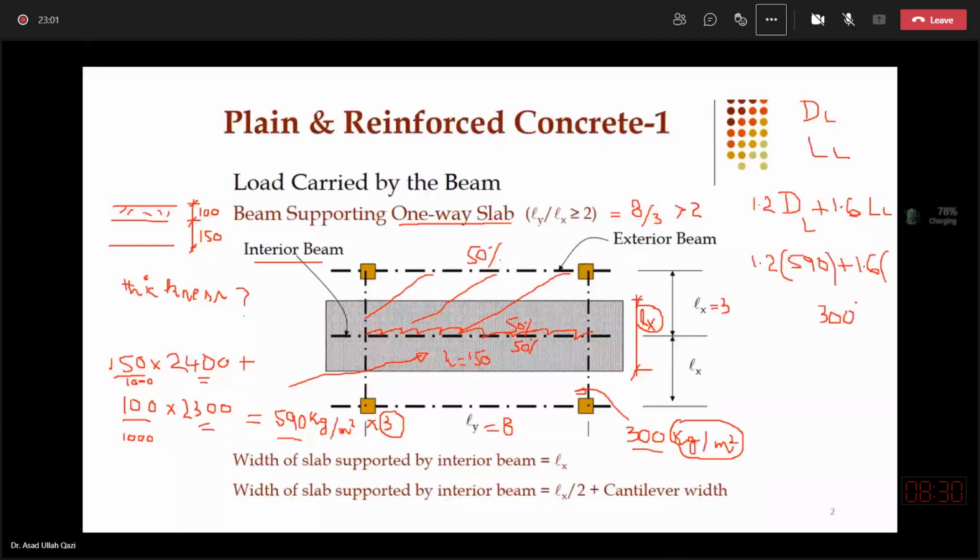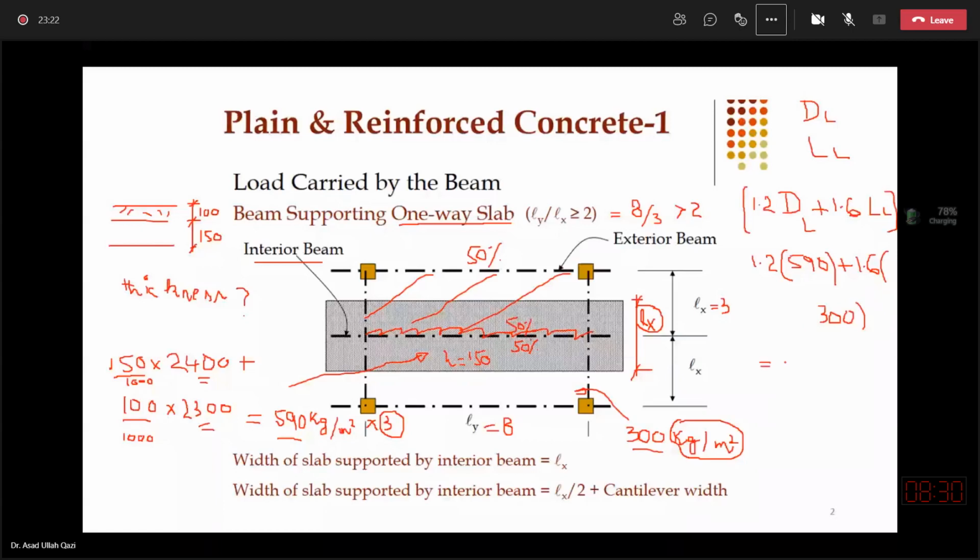So this together will give me the ultimate load by combination 2 on the slab system. So can you calculate this 1.2 into 590?